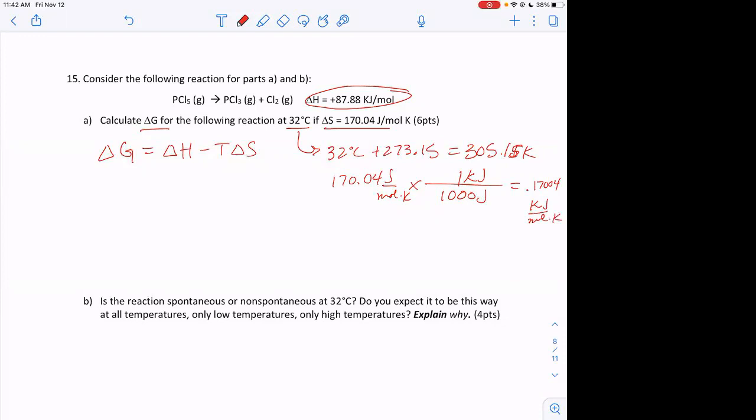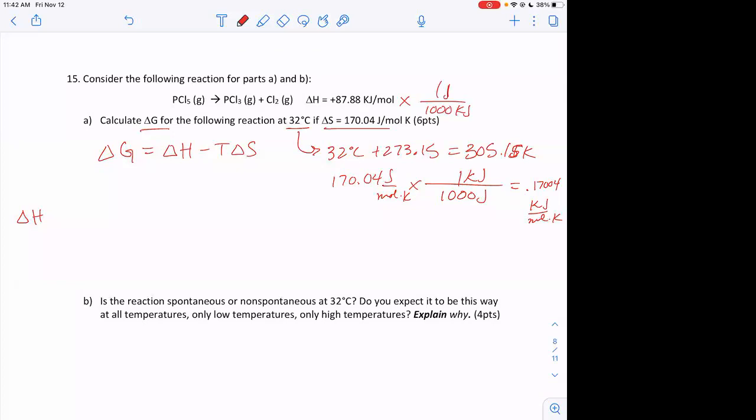Now I can plug everything in. So you don't have to manipulate delta H at all. A lot of people did though. A lot of people took their delta H and converted to joules. Okay, so a common thing that I saw, I want this to be on the recording in case people watch it, is people would take your delta H over here and they'd say, okay, times, they're trying to convert this to joules, and they would say divide by 1,000 kilojoules, one joule on top or something like that.